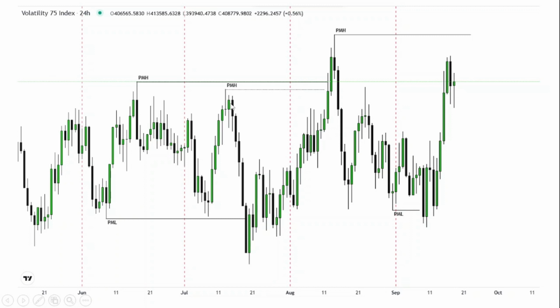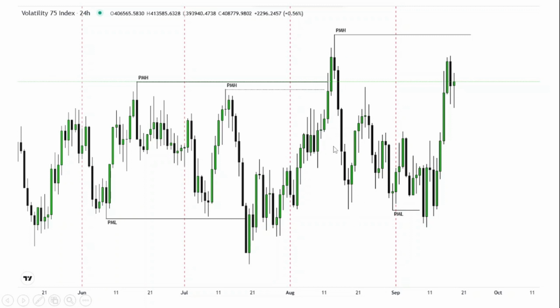Then in July, we take out the low of June, and then we go in the opposite direction. In August, we have the July high, July low, and also the June high. Price targets the buy side liquidity above those highs, and then reverses to a downtrend.